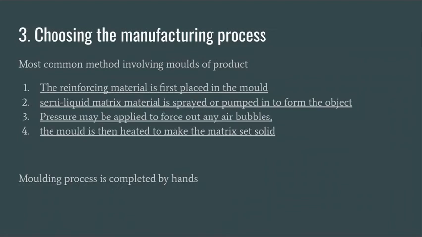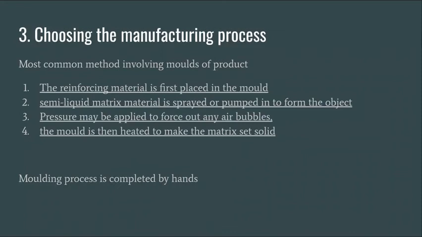And the molding process is either completed by hand, or it can also be completed by a machine. And some of those machines could be robots, just like we talked about last class. So this is overall the most common process.